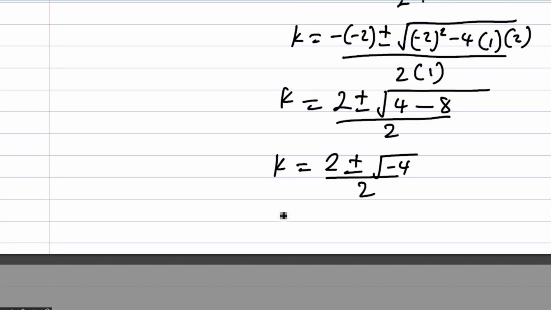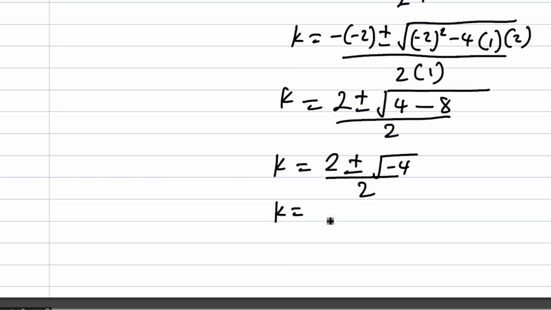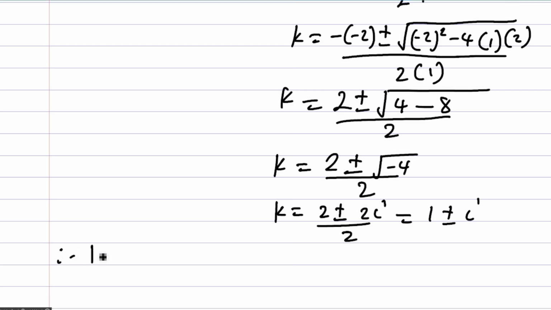Okay, so I'm having that k is equal to 2 plus or minus 2i over 2. So which will give you 2 divided, I'm going to have 1 plus or minus i. Okay, so therefore we got that k is equal to 1, then k is equal to 1 plus i, and then 1 minus i. So these are all the values of k.